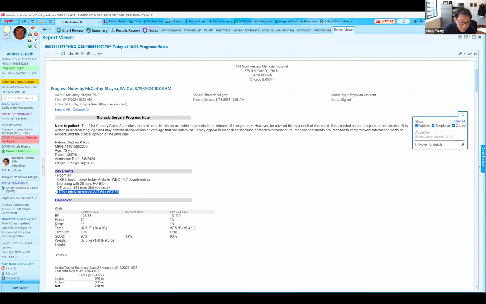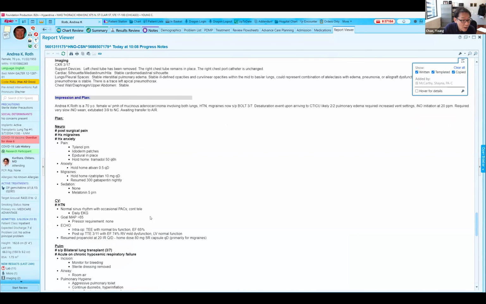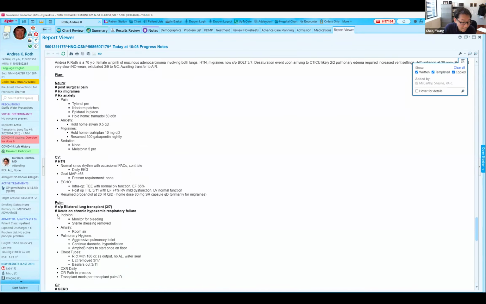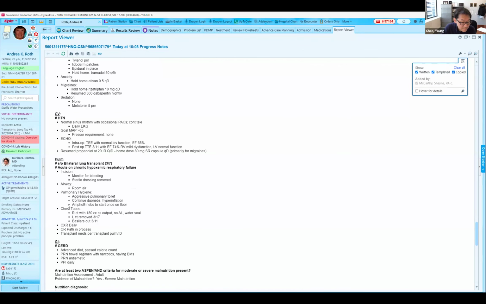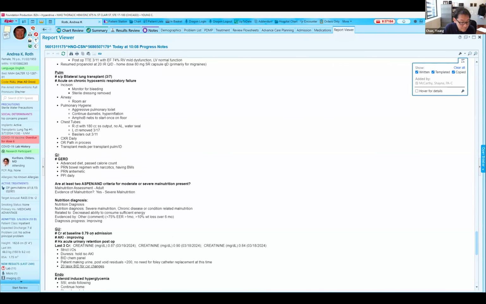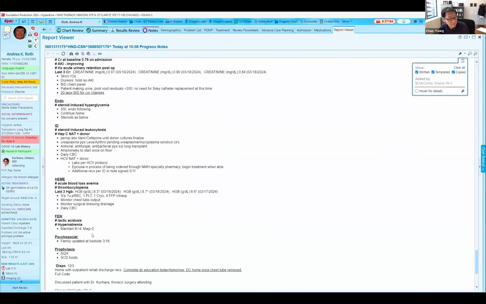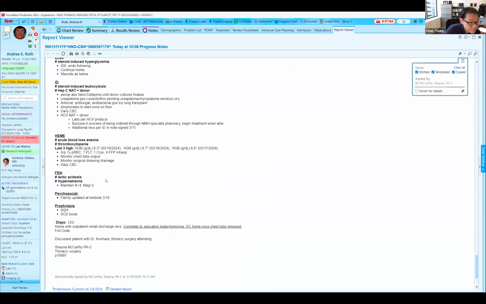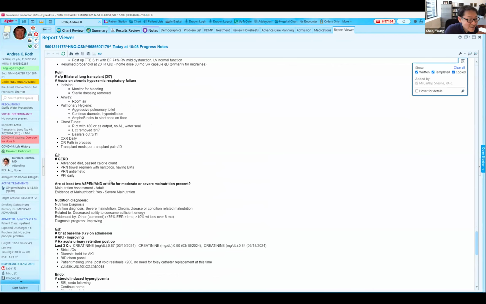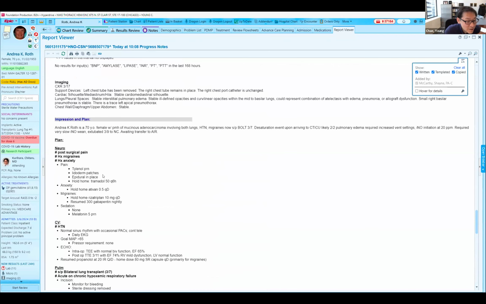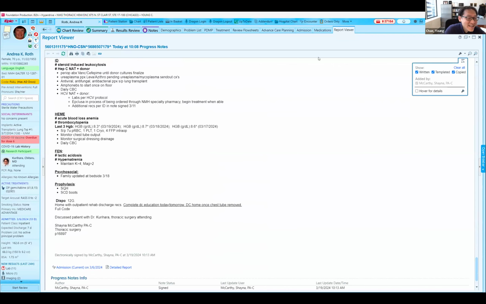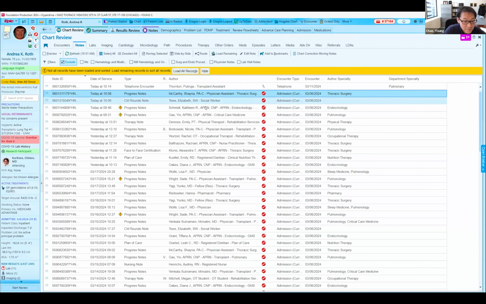This LFT could be some of the immune suppressants. Only thing they're missing is onc. I think they're waiting for my input.